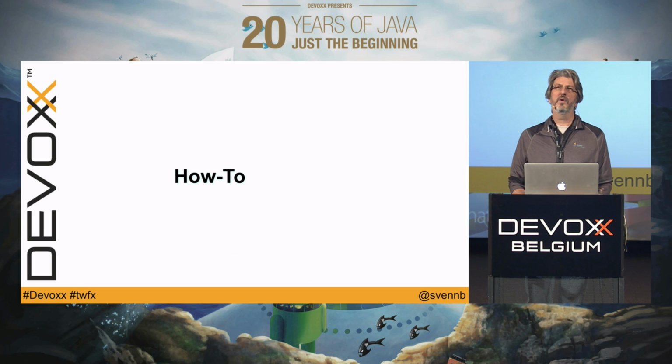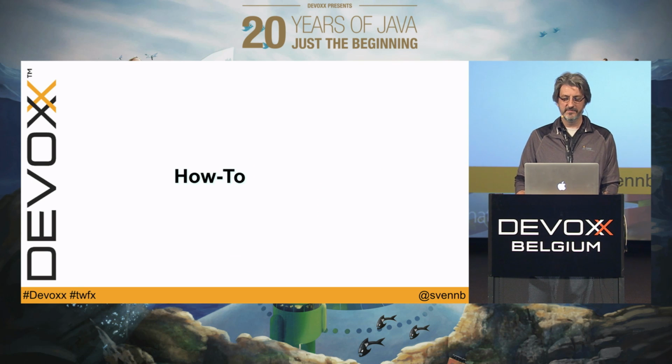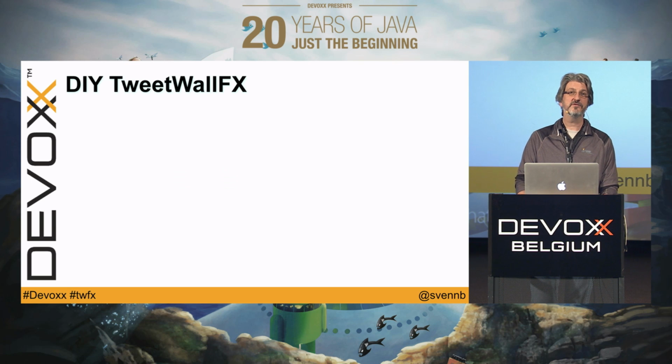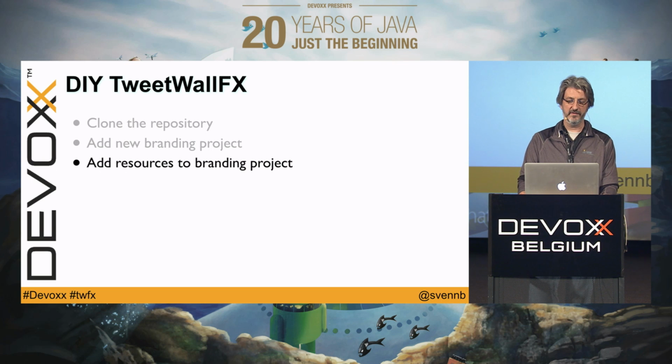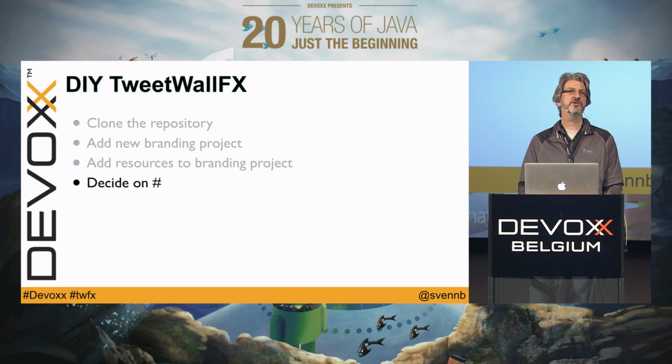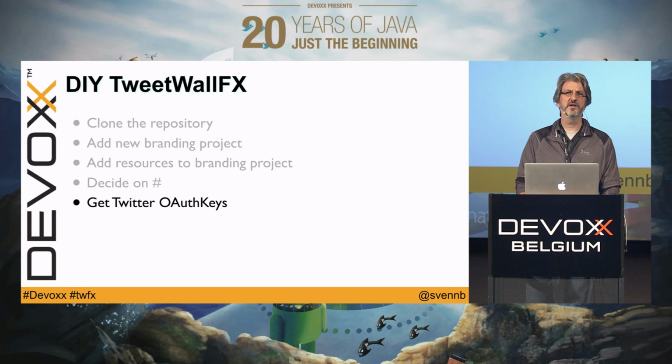So how do you do it if you want to do it yourself? Well, the do-it-yourself TweetWallFX, some very short steps, and then we'll dive into the code and see the tool in action. You clone the repository, and you add a new branding project. I'll tell you a bit more about this in a couple of minutes. You add the special resources you need for your project. Once you have this, you decide on the hashtag you want to follow. Then you need some OAuth keys from Twitter for accessing the Twitter API.